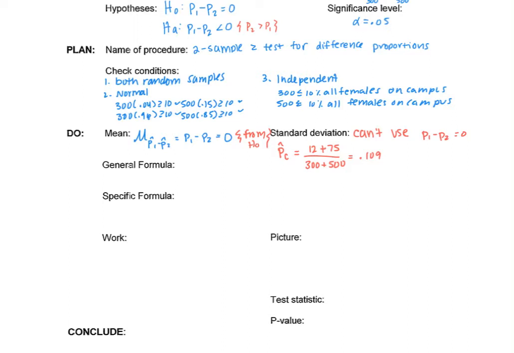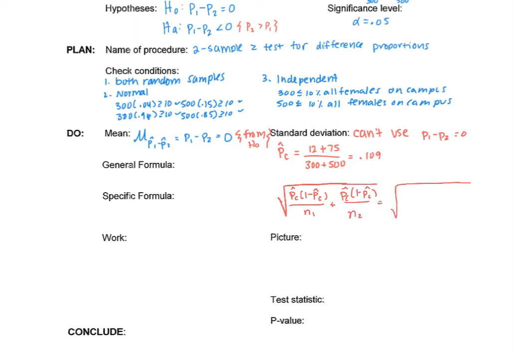So our standard deviation is going to be, now we're going to use our combined proportion over N1 plus our combined proportion again over N2. So let's plug that in.